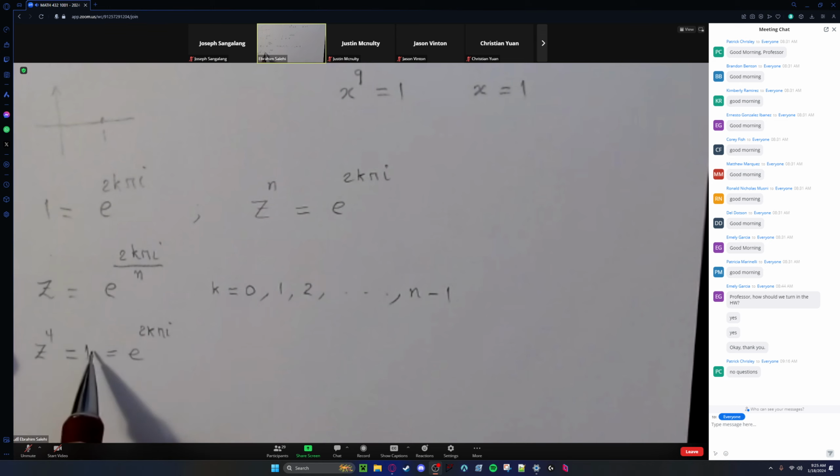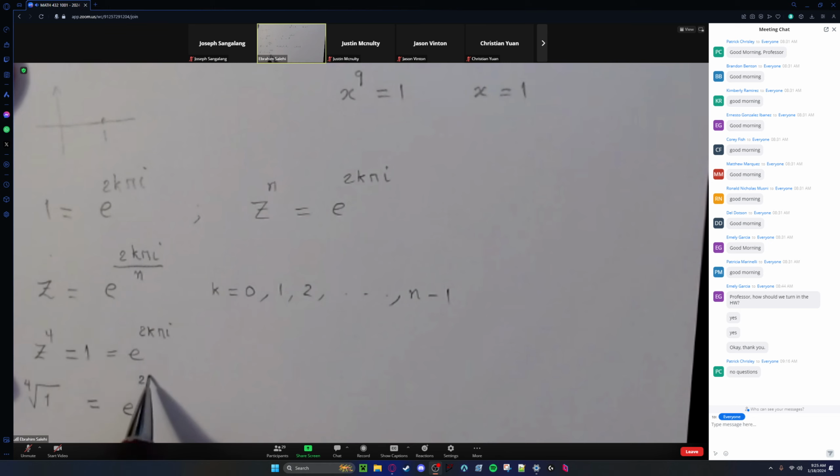The fourth root of 1 will be e to the 2k pi i divided by 4. What about k? k goes 0, 1, 2, and 3.